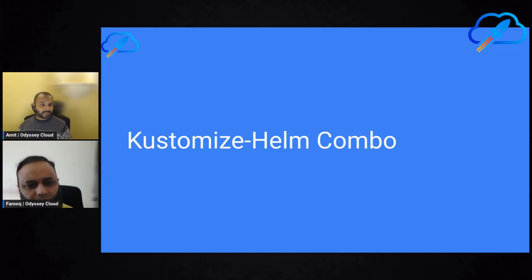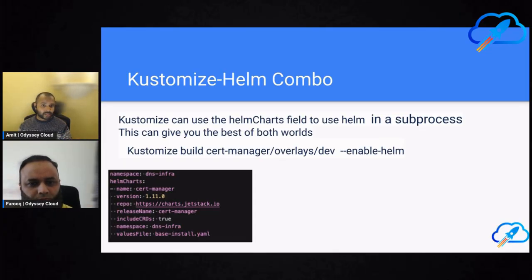And as I was mentioning earlier, we have the Kustomize Helm combo, where you can use the Helm charts field within Kustomize. It basically uses Helm as a subprocess so that it can give you the best of both worlds. All you have to do is add --enable-helm as part of your build command, and you need to fill out the Helm charts field within Kustomize in that format.